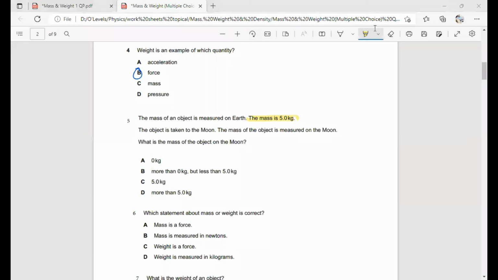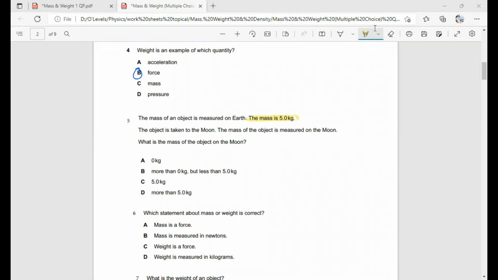Remember that the gravity of the moon is less than Earth. So what should be the value of weight? It is less than 5 or equal to 5.